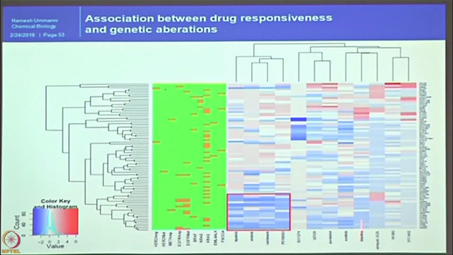You can see a nice cluster here. All these cell lines having aberrations for EGFR amplification and EGFR mutations are responding to the EGFR targeting drugs. That means it is already established data that we can observe in this. Whatever data we generated here is new. That means this is a kind of case control for us.